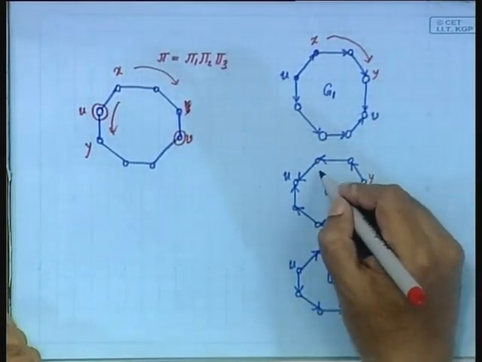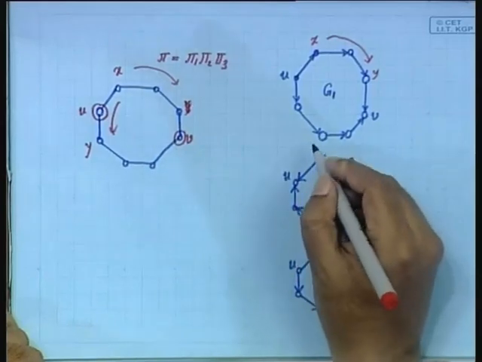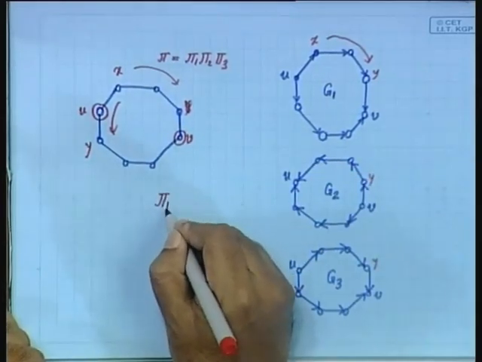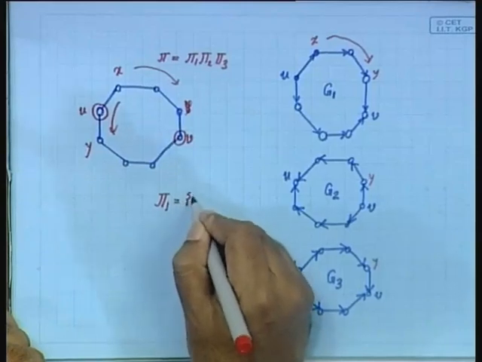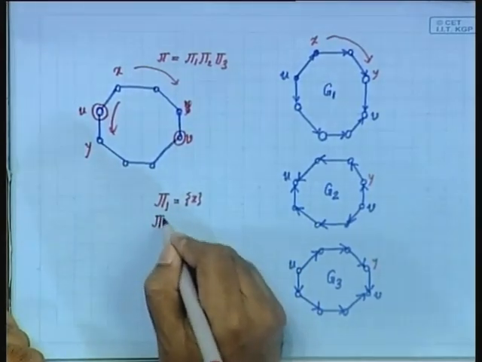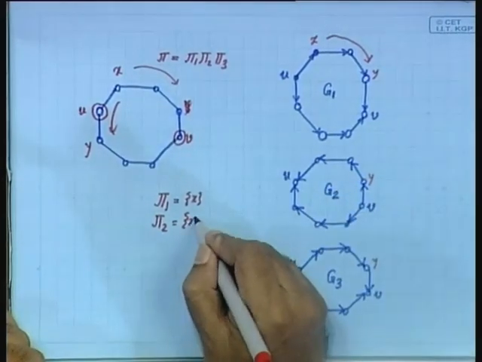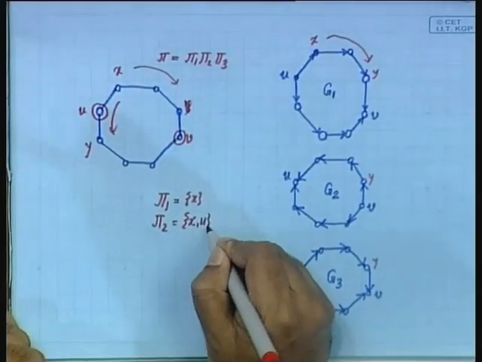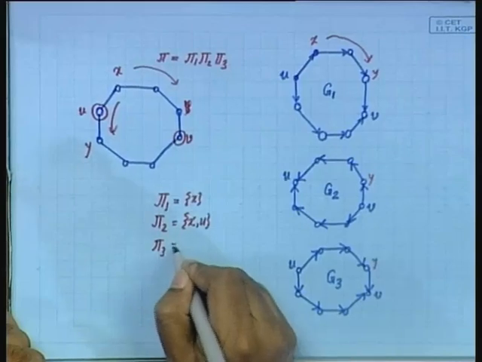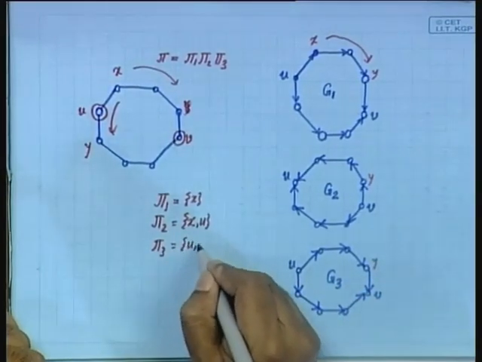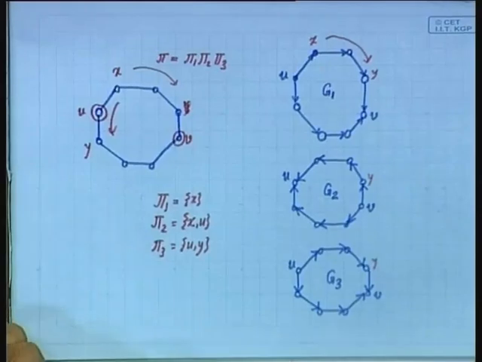Pi 1 will be only x, right. Pi 2 will be from x to u, and what will be pi 3? U to y.